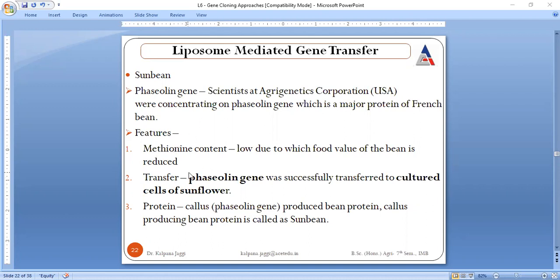So this phaseolin gene is transferred to the cultured cells of sunflower, and when they are cultured, they grow and result in the synthesis of callus, which in turn produces a protein, and this protein itself is called sunbean. So from the phaseolin gene, we are leading to its expression as the bean protein called sunbean.